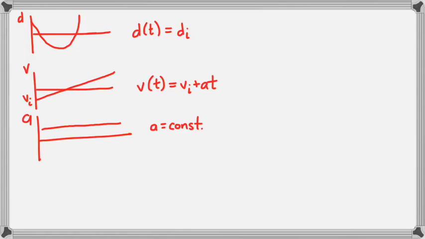On this graph, this starts at initial displacement d_i over here, plus an initial velocity times time, and we have to add an acceleration term to it, so we have 1/2 at squared. Sometimes I write it as v sub i because it's the initial velocity.